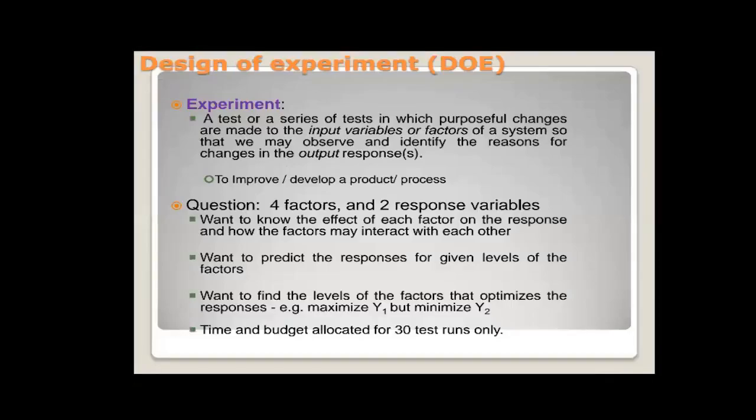Now, whenever I say experiment, I'm not saying that it has relevance only with the manufacturing industry, because whenever we are doing any research, after doing a literature review, you have to perform some experiment. After performing the experiment, you come to a stage where you can validate your data.